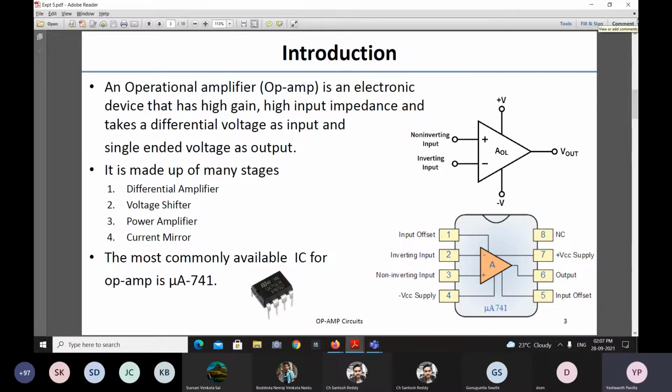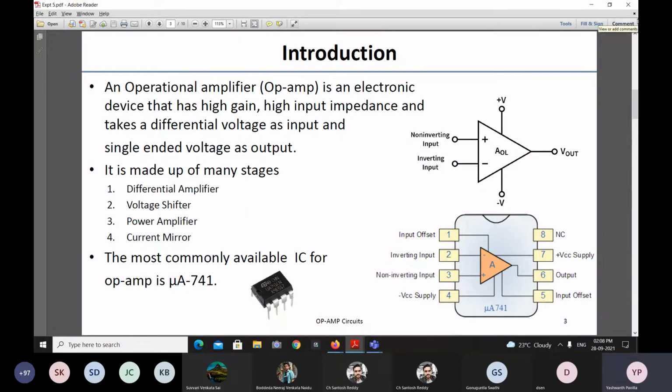That output is then sent through a voltage amplifier, since it is a differential output and a weak signal. In order to amplify it, we use a voltage shifter or voltage amplifier, and then it is taken through two more stages, which are a current amplifier and a current mirror.